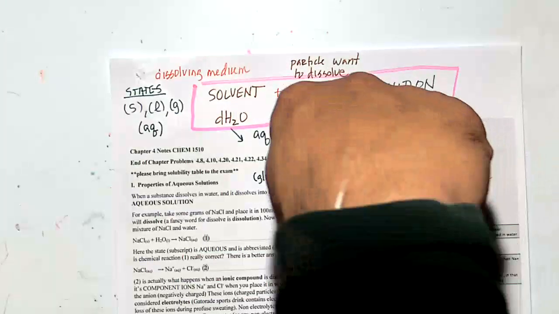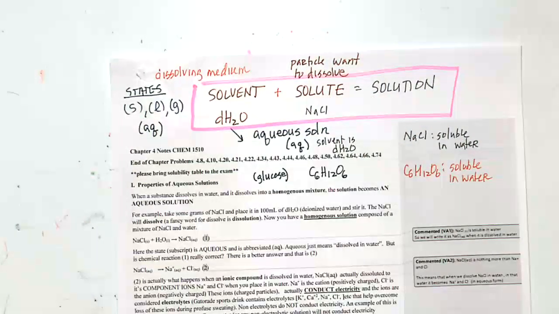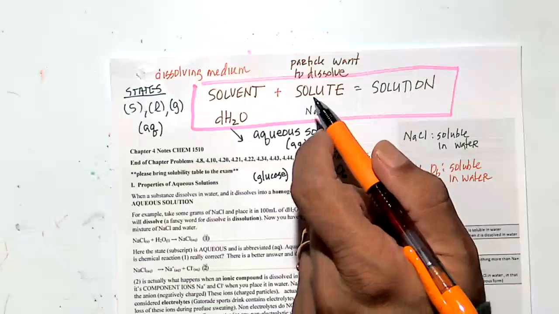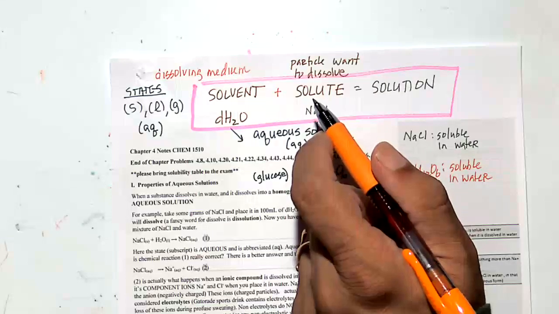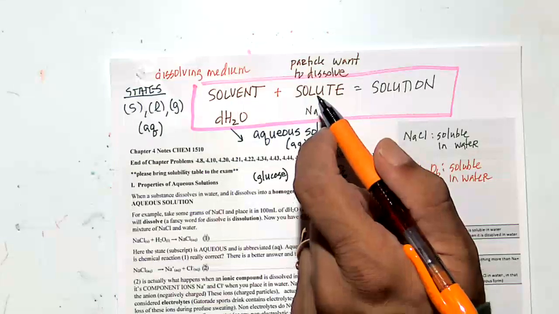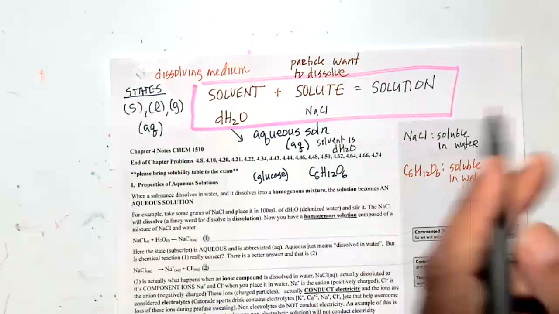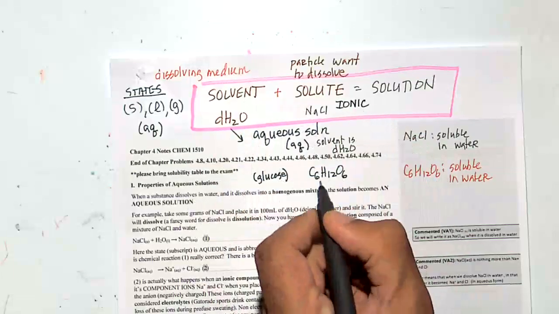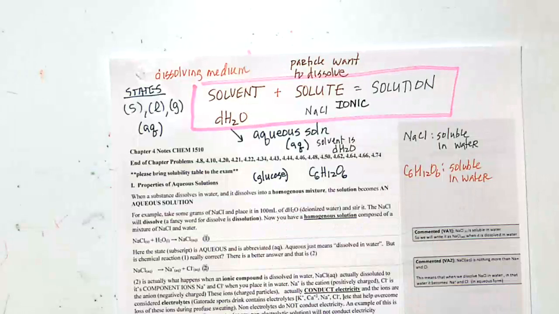Do you guys remember from chapter 1 or chapter 2 what type of compound is sodium chloride? Is it ionic or covalent? Very good, it's ionic. What do you think about the glucose, which is in the sugar water? Is it ionic or covalent?